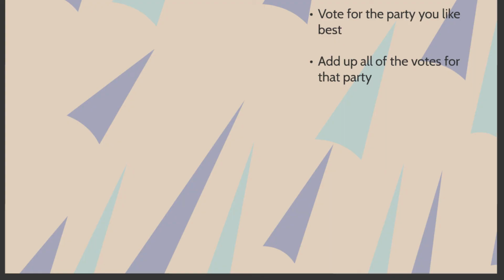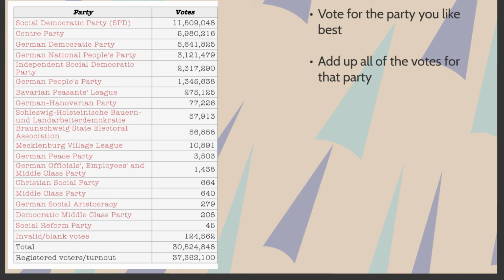These votes then get tallied, added up. Elections officials would tally the number of votes for each political party, as well as the total number of votes for the election. So, for example, here are the results from the 1919 election in Germany. As you can see, 11,509,048 votes for the SPD party. They were the party with the most number of votes.